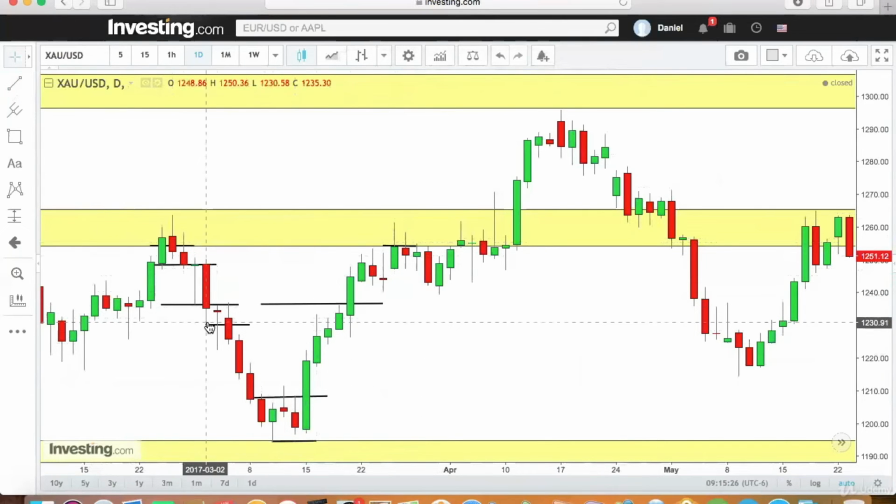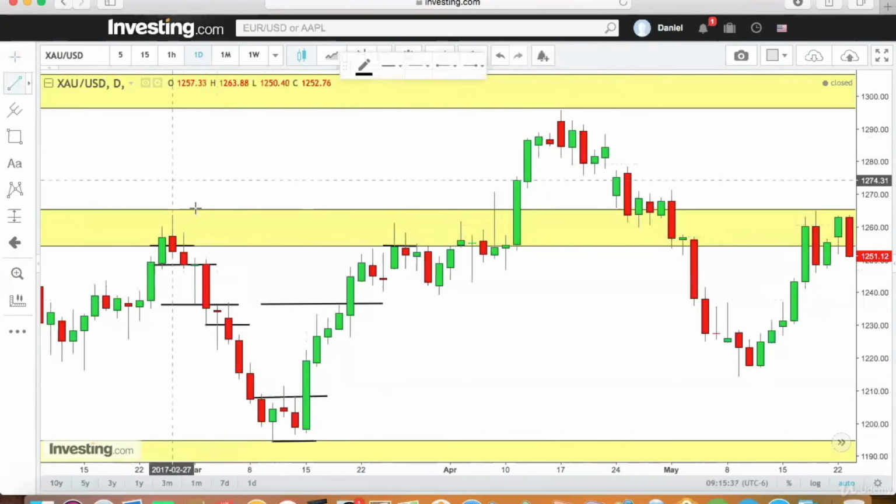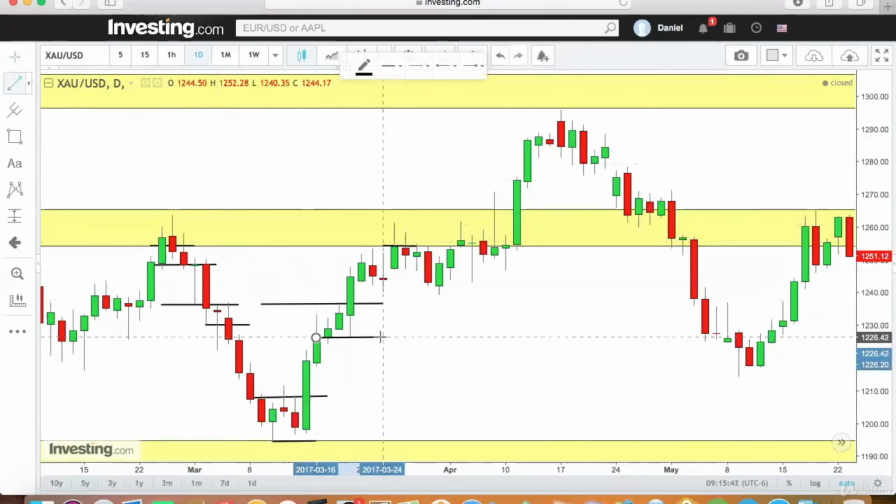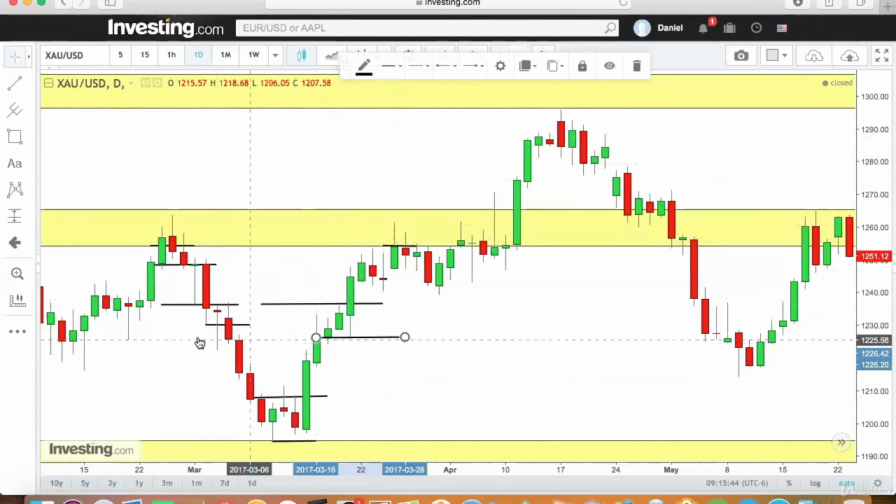What you do here is you have previous resistance here to the left. As you see, once the market rallied up, it respected that previous resistance. The market then pulled down to test previous support to the left.